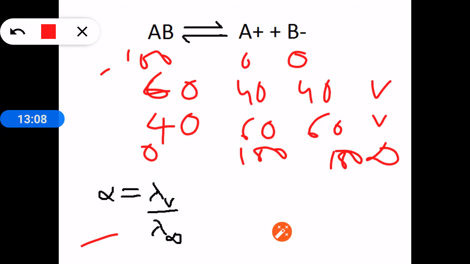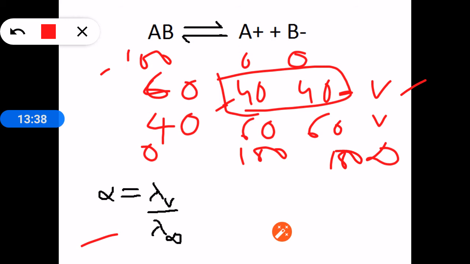So let us consider a particular dilution having V volume. The number of molecules dissociated is 40, and only these ions will be contributing to the conductance. Only these 40 ions are responsible for giving conductance to that solution.